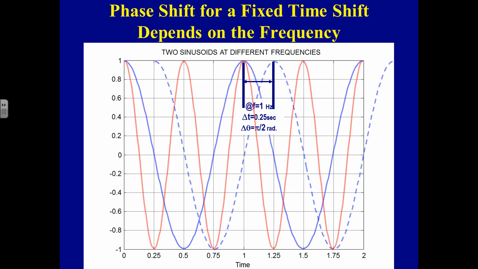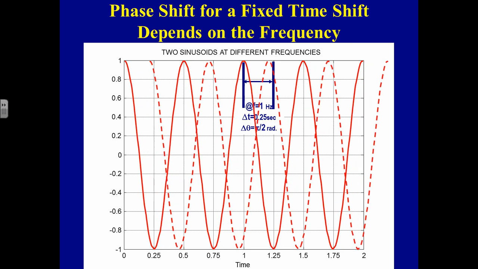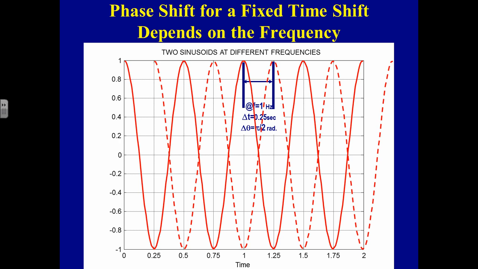Now if we do that exact same thing with a function that has twice the frequency, a 2 Hertz signal, but still shifted by the exact same amount of time, a quarter second, look at how much of a cycle we traversed in the 2 Hertz signal for the same time shift.